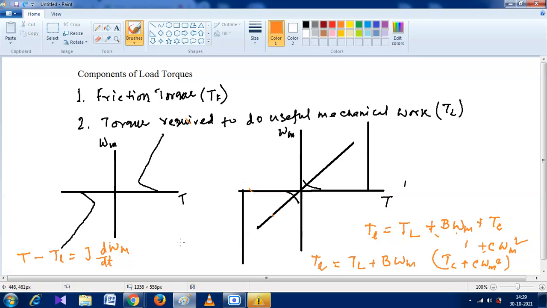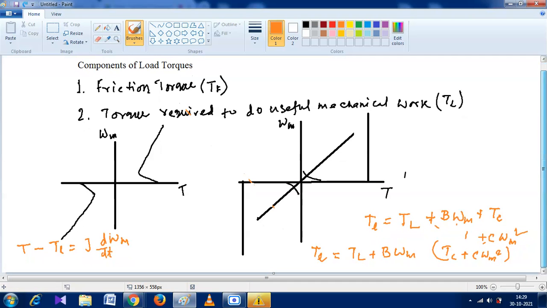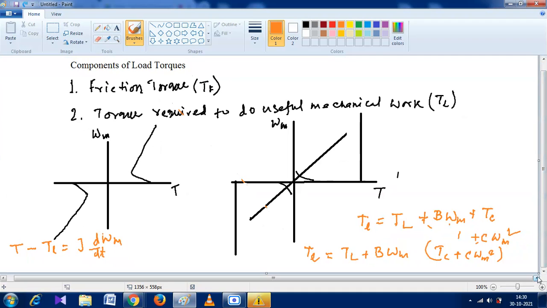So after substituting the TL from this equation, what do we get? Can anyone tell me what the equation is at that time?